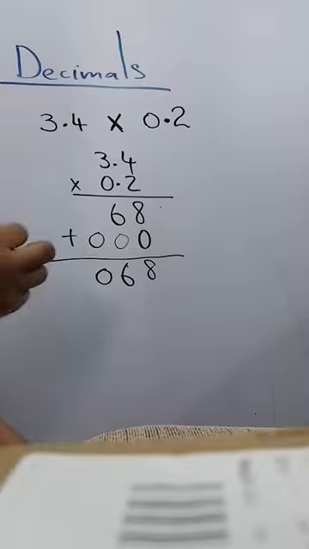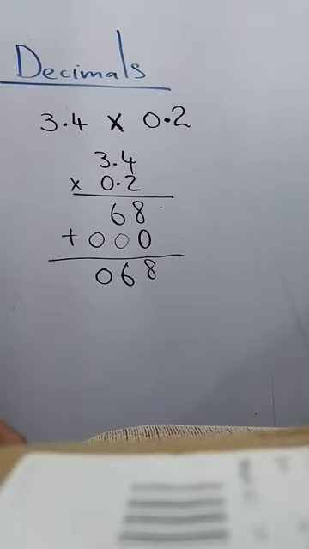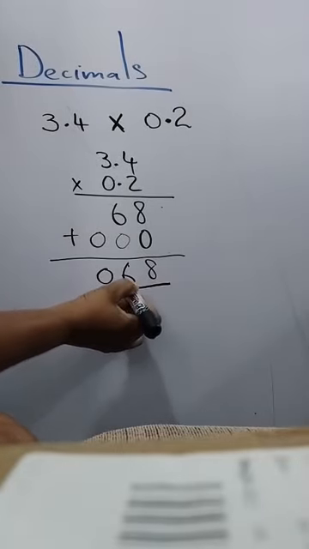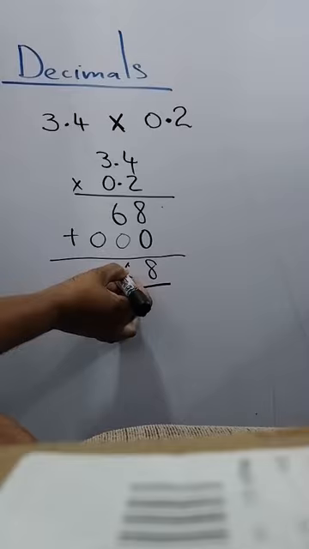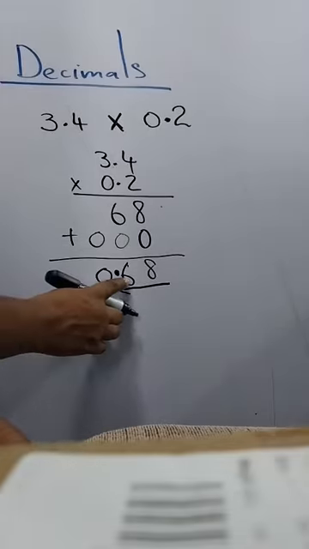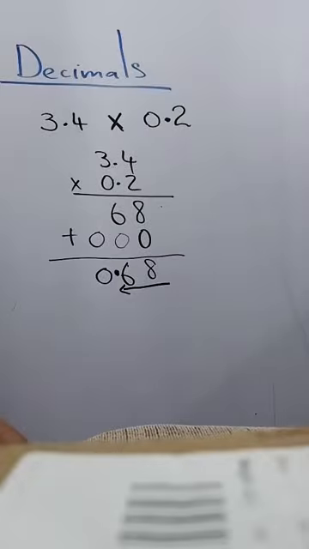That accounts for a total of 2 digits after the point. In my solution, I should ensure that I bring my point to 2 digits. So I must have 2 digits after the point. So my solution becomes 0.64.